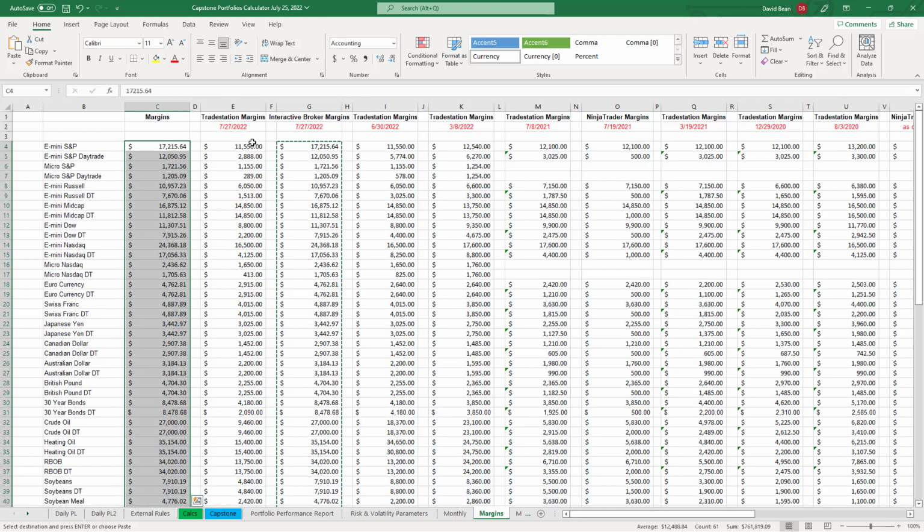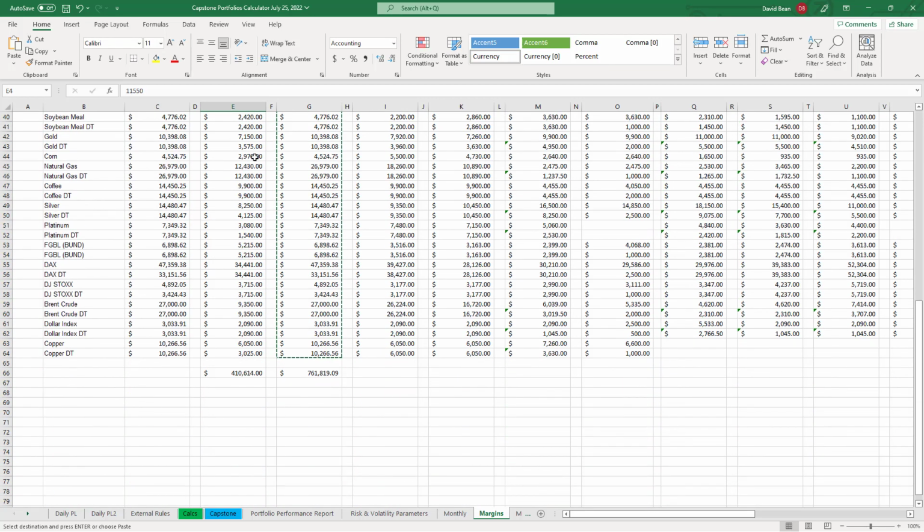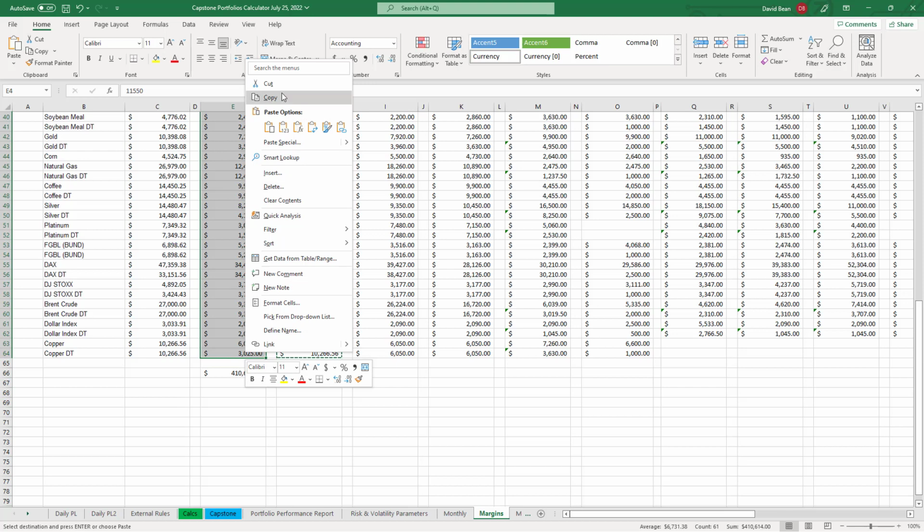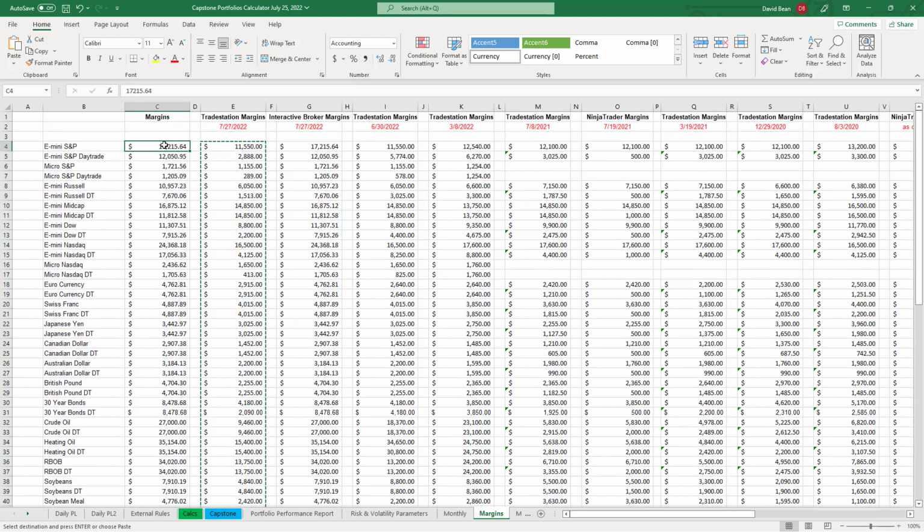So these are the margins through July the 27th, and so I'm going to put the Tradestation margins in here, but I'm going to use the conservative numbers. I'm going to manually put the conservative numbers in here for the S&P and the NASDAQ.